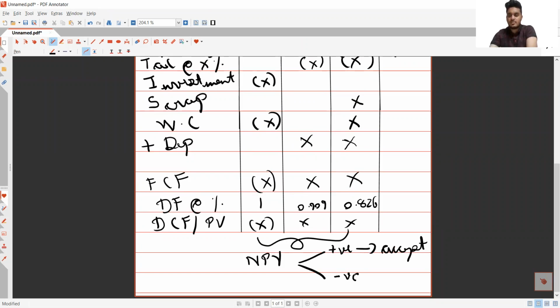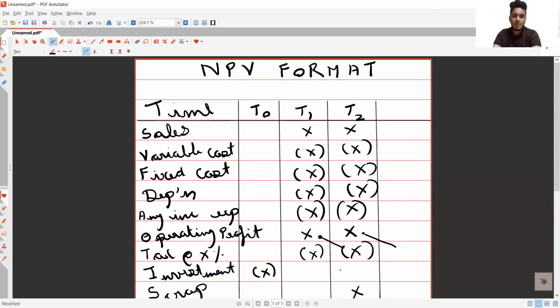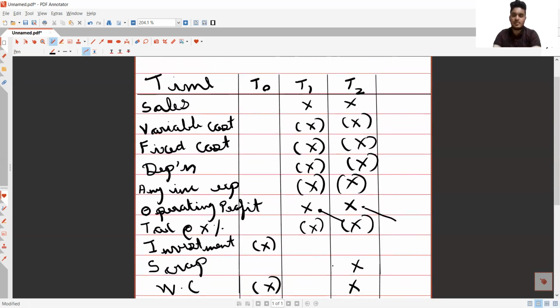If negative, reject. Because this is the basic premise of NPV. This is the reason we are doing all this calculation. If your NPV is positive, you accept the project. If not, reject.